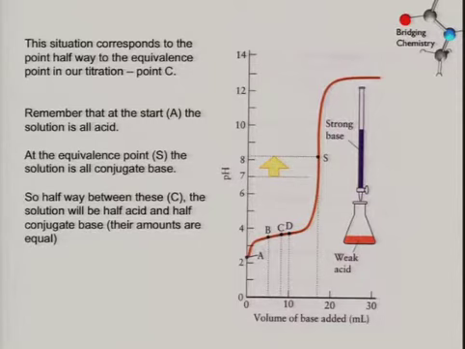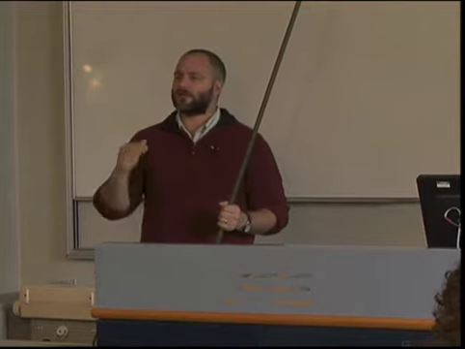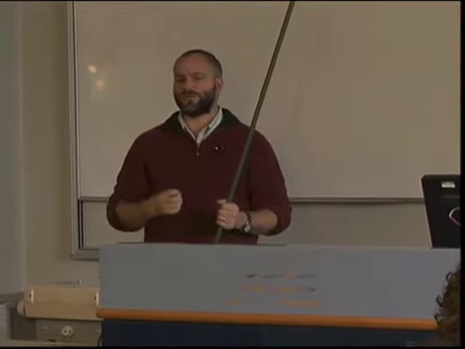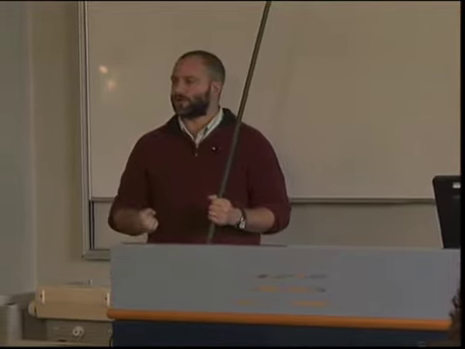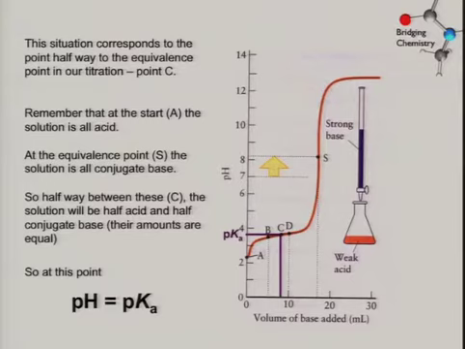And what the question we've just gone through with the Henderson-Hasselbalch equation shows you is that if those amounts are the same, then the pH of your buffer solution is equal to the pKa of the weak acid that you're using. And so if we give you a curve like this, then you can estimate the pKa by just looking at what the pH is at the point halfway to the equivalence point in your titration. Yeah?